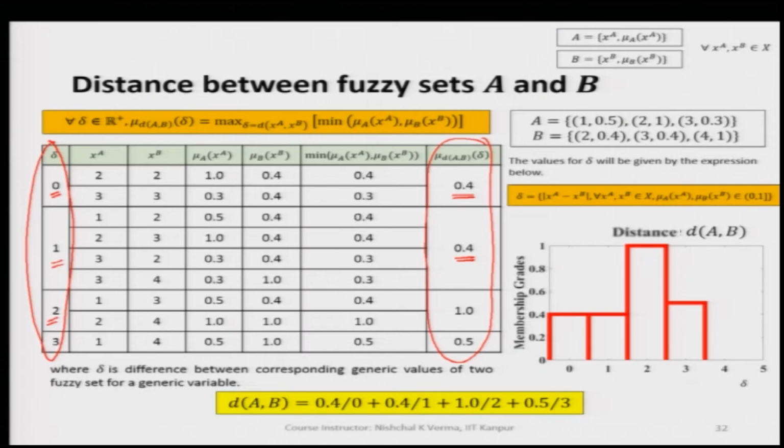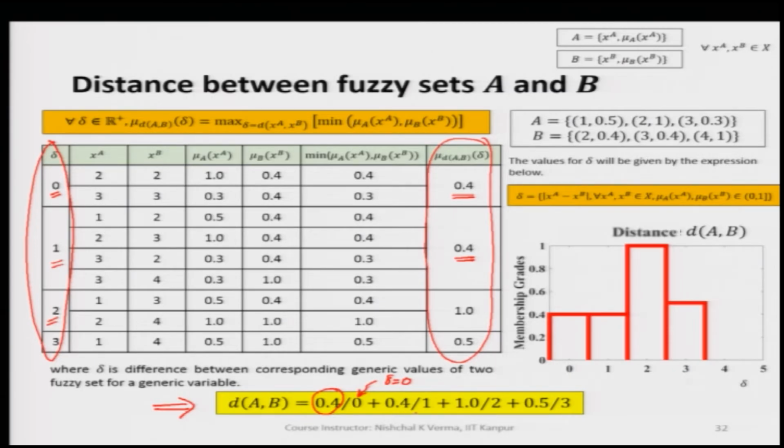So, we can make use of these two entries and construct here a fuzzy set, denoted by d of a b, equal to 0.4 oblique 0, which means at generic variable value 0, which is the difference, that is delta is equal to 0, we are getting 0.4 as its corresponding membership value.